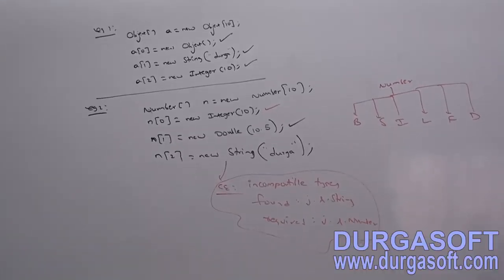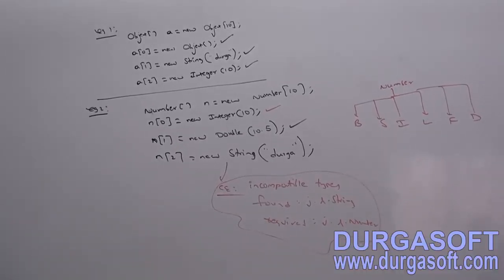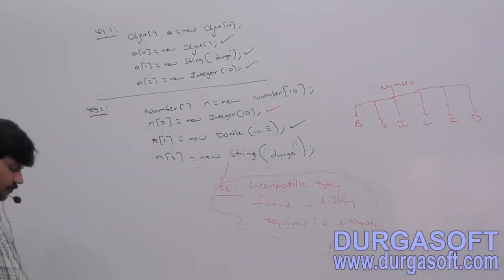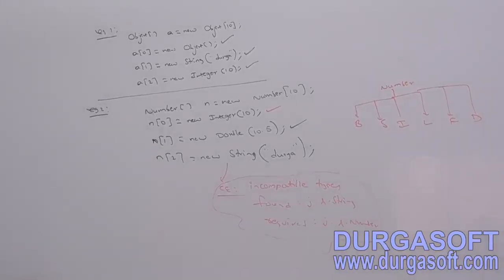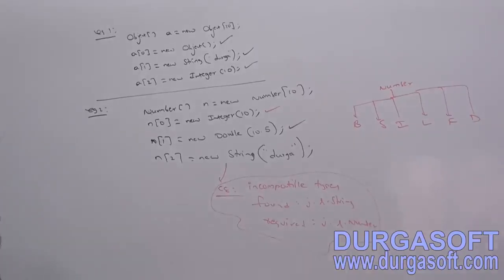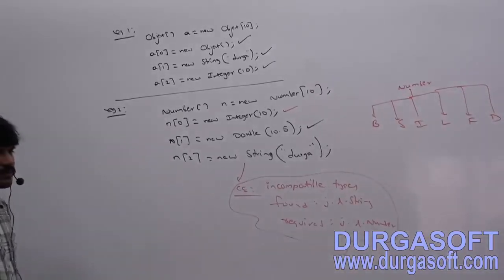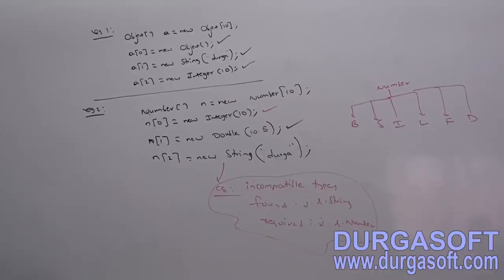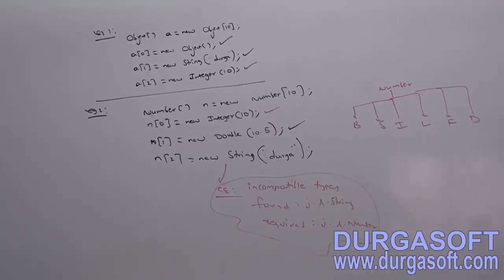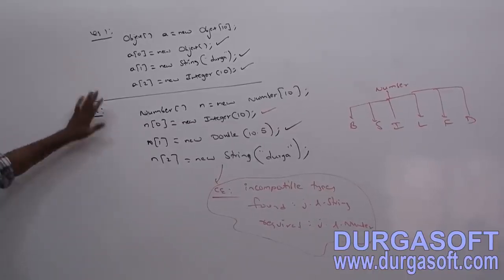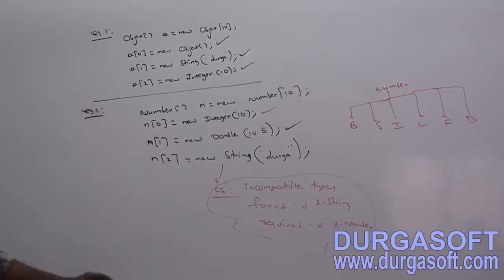Object[] a = new Object[10]; a[0] = new Object(); a[1] = new String("Durga"); a[2] = new Integer(10). Completed, right? Example 1.